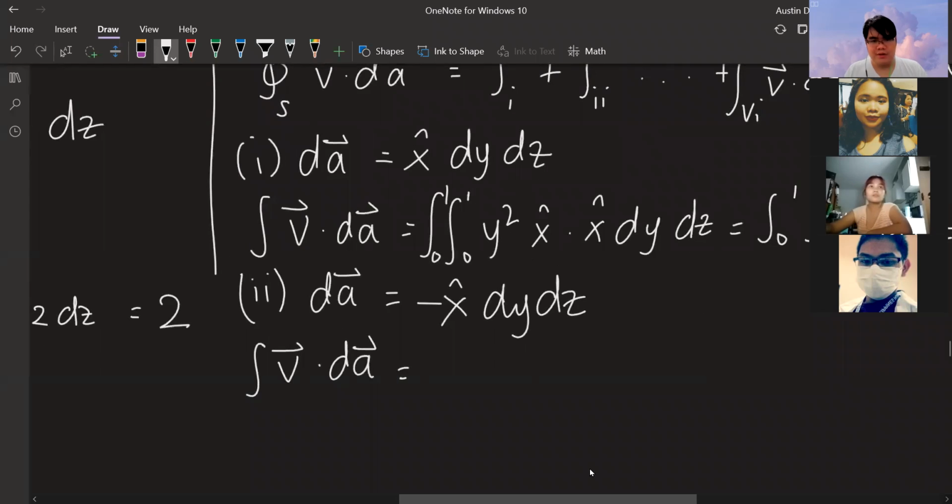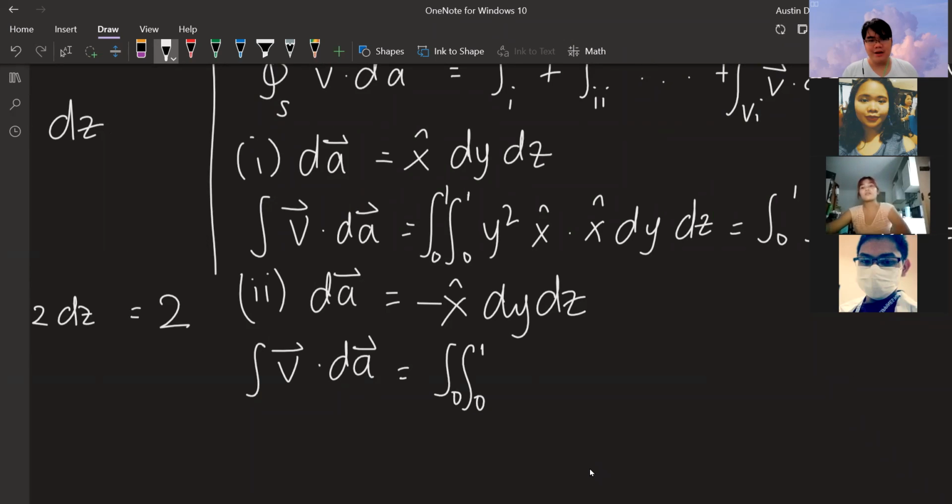So, integral ng, dahil double yung infinitesimal values natin, dy dz, dalawa din yung integral natin. And yung bounds ng cube natin ay 1 lang, unit cube siya.